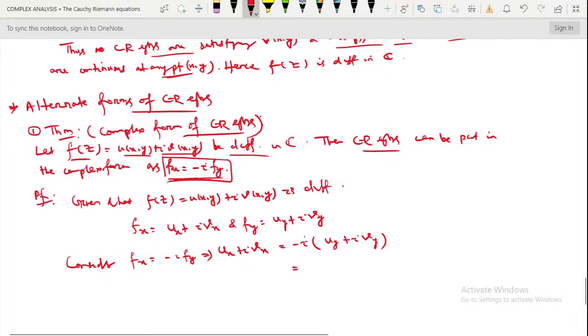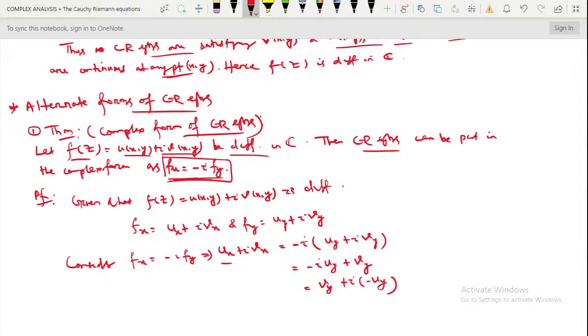If I multiply by minus i, this will be minus i times u_y, and i squared is minus 1, so minus times minus 1 gives plus v_y. So I can write this as v_y plus i times minus u_y.